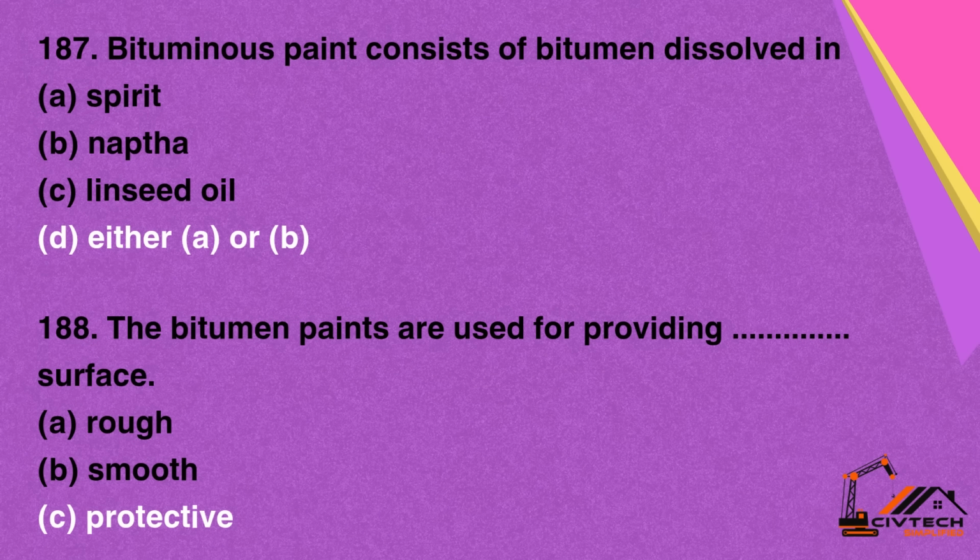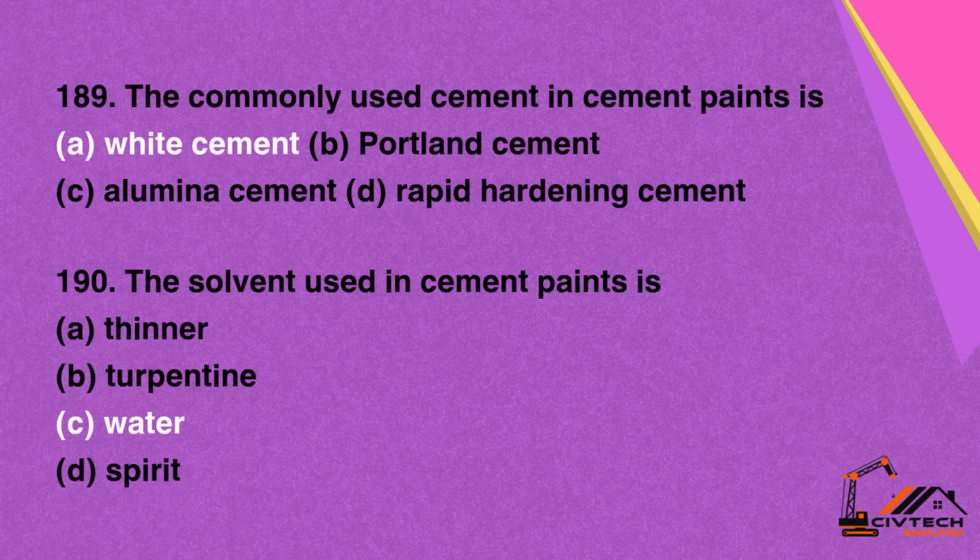Bituminous paint consists of bitumen dissolved in A. Spirit, B. Naphtha, C. Linseed oil, D. Either A or B. Correct option, D. Either A or B. 188. The bitumen paints are used for providing surface A. Rough, B. Smooth, C. Protective. Correct option, C. Protective.